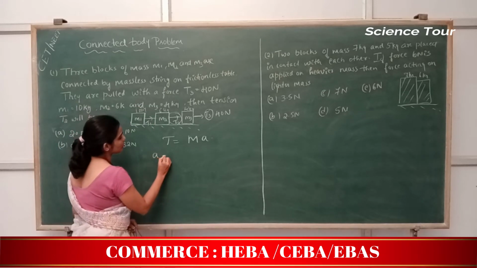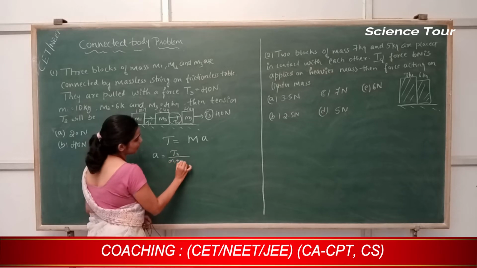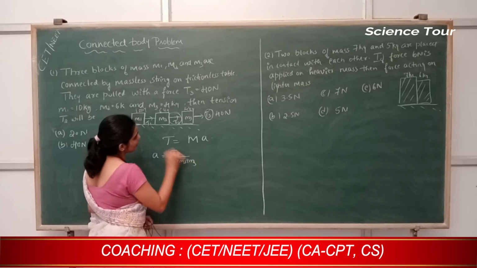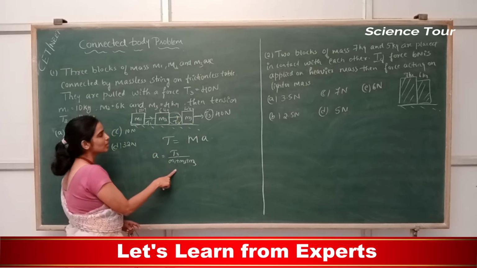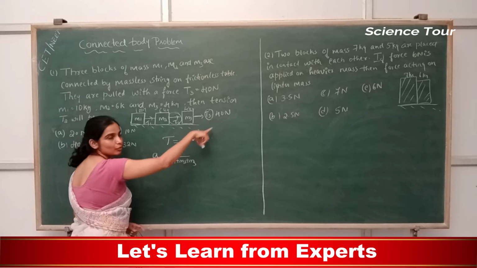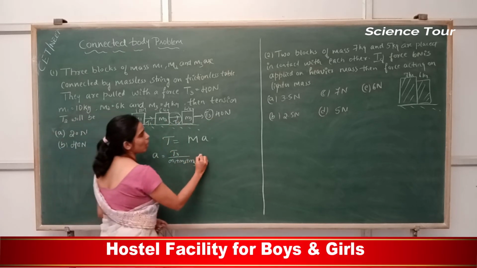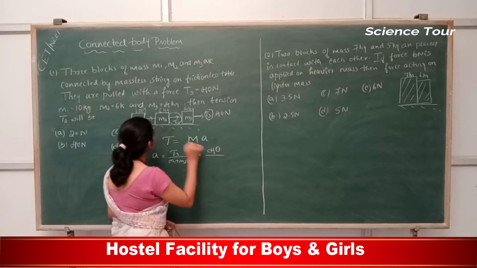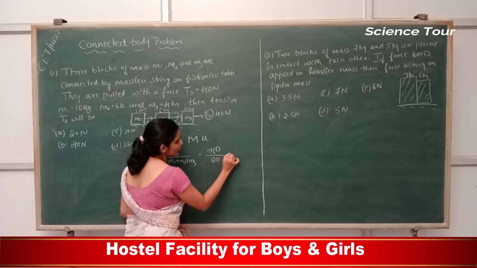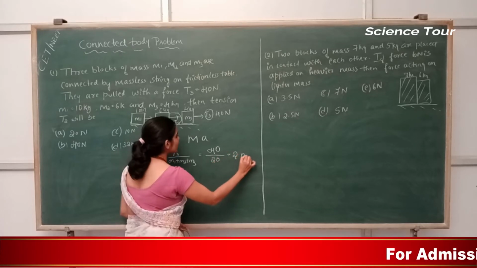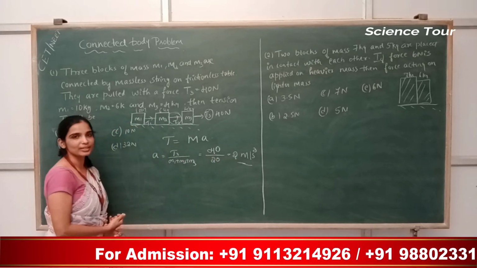Acceleration of this whole system is nothing but T3 divided by m1 plus m2 plus m3, correct? External force applied is T3, mass is m1 plus m2 plus m3. How much is this? 40 divided by 10 plus 6, 16 plus 4, 20. So 2 meter per second square is the acceleration.